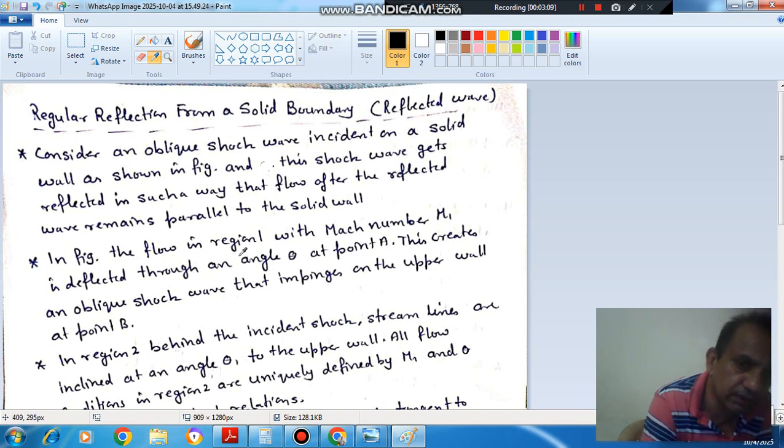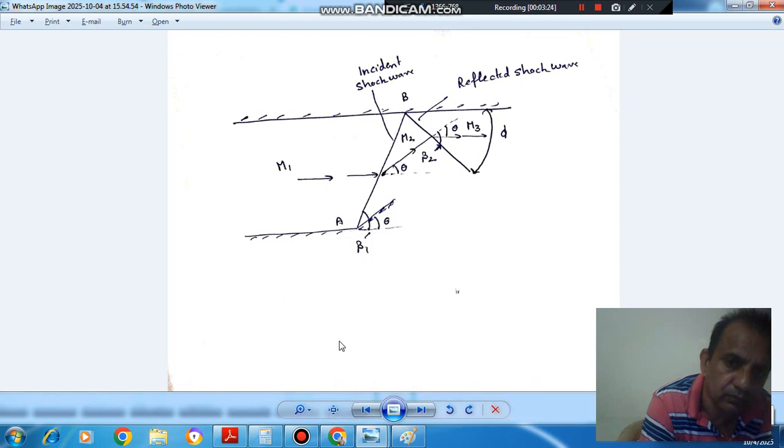In the figure, the flow in the region 1 with Mach number M1 is deflected through an angle theta at point A. This creates an oblique shock wave that impinges on the upper wall at point B. So this is the figure, and this is the oblique shock wave, and this is region 1, and in this region the Mach number is M1, and this flow gets deflected by an angle theta by the oblique shock wave.